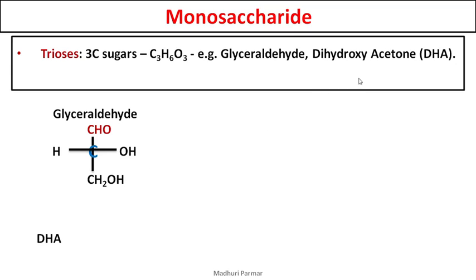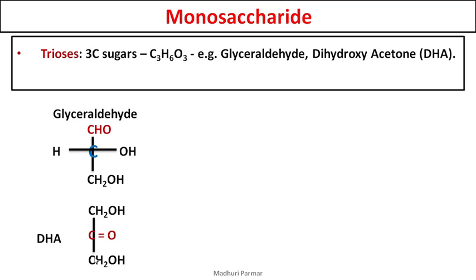Now let us make the diagram of dihydroxyacetone. Dihydroxy means it has 2 OH groups, and acetone is this. Clear? Let us see now. This is also a ketotriose sugar.